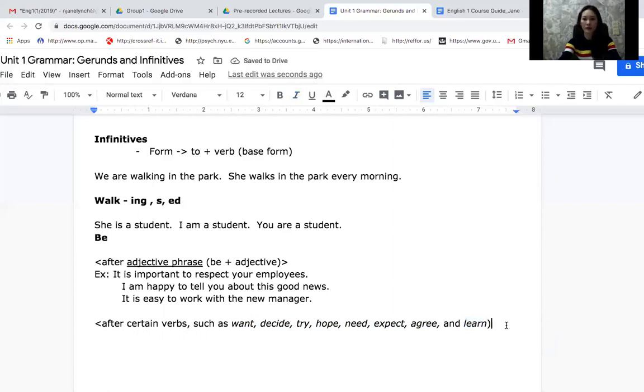So these verbs, I guess you have to remember. There's no technique to know. The technique is just remember.